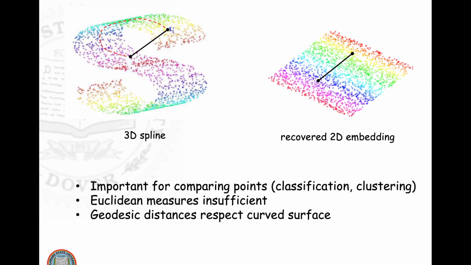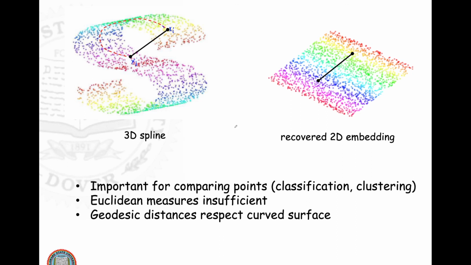Here's our xi and our xj. Whereas taking the curvature of the surface and traversing along that path to get from xi to xj is a superior measurement. And so if we were to represent these so-called curved or geodesic distances, we respect the curved surface.